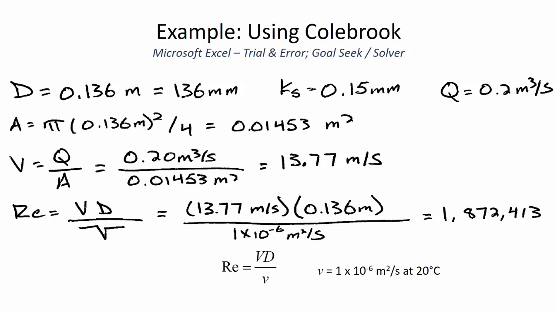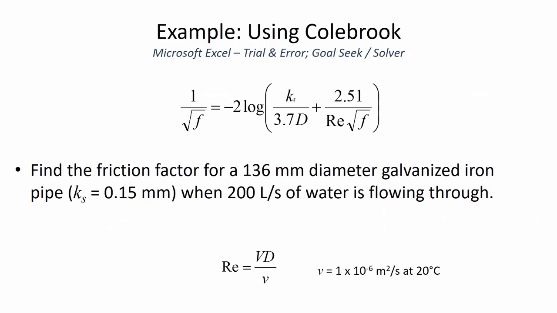All right, so the Reynolds number for this is 1.8 million. To be precise, 1,872,413. So that's our Reynolds number.